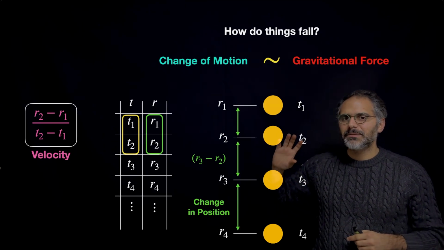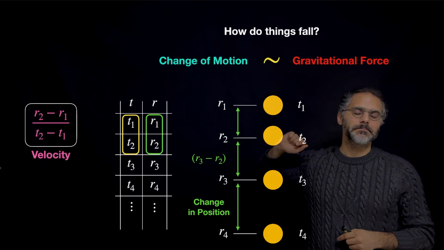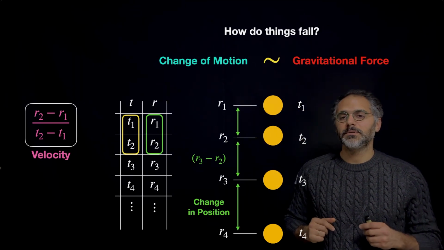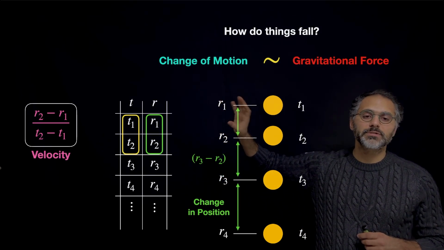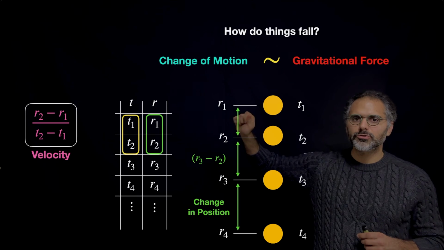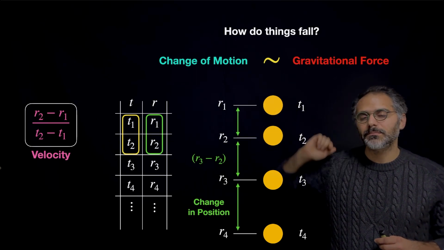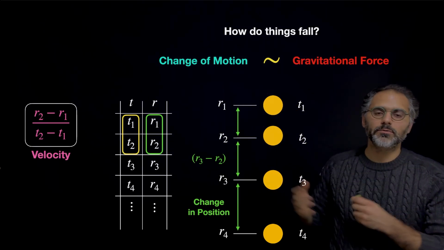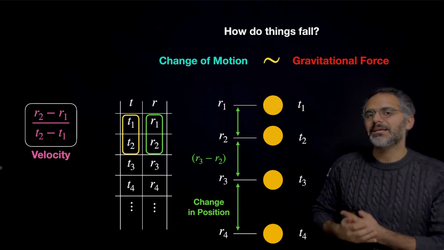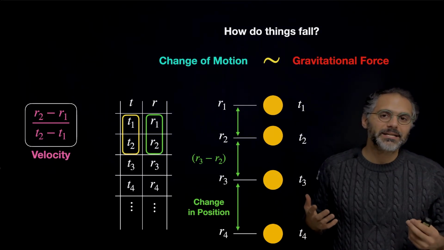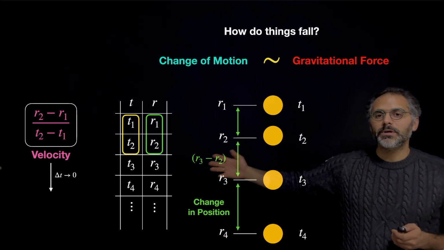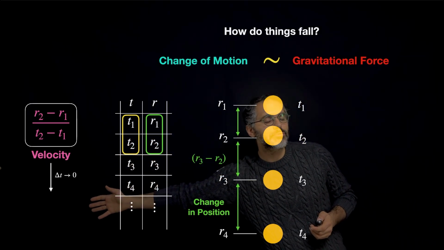So can I actually measure the velocity at a given point in time? So the problem with the velocity being defined between 2 snapshots is that I cannot know what's the velocity at a given point in time, t1 or t2. I want to be able to say that at t1 the velocity is v1. So how do I actually do that? Well, one way to do it is you just take delta t to be really small.